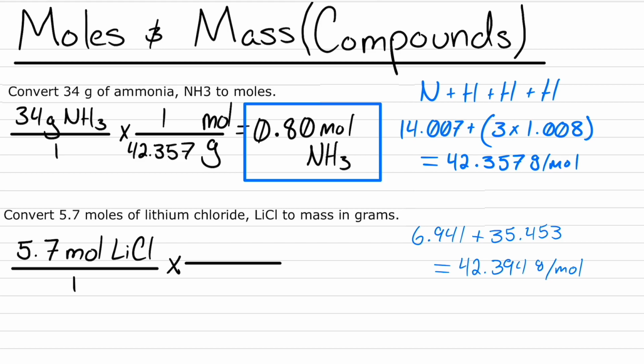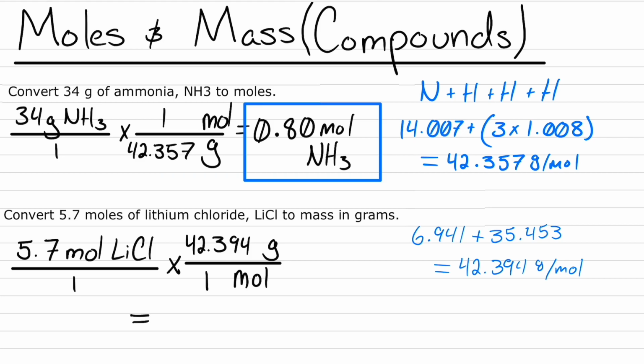So then I'll use this in my conversion factor. In this case, I'm starting with moles and I want grams. So moles goes on the bottom, so it cancels. Grams goes on the top. In 1 mole of lithium chloride, there is 42.394 grams.